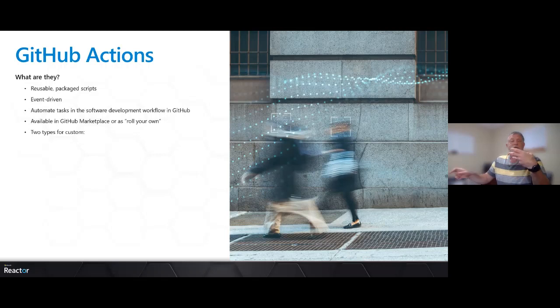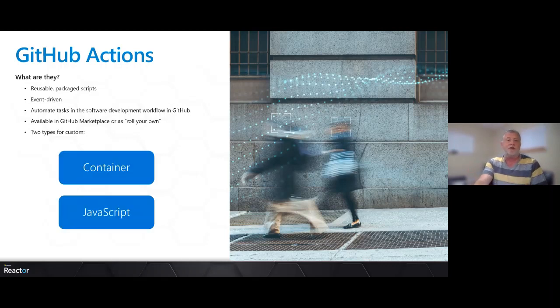So, two types of custom actions if we wanted to create our own: container and JavaScript, right? So we can create two different types, again within GitHub, and we'll look at the mechanics of doing that shortly.